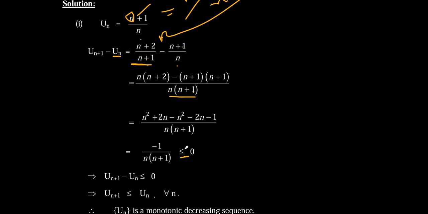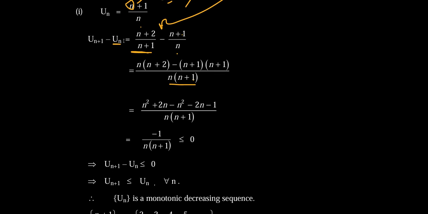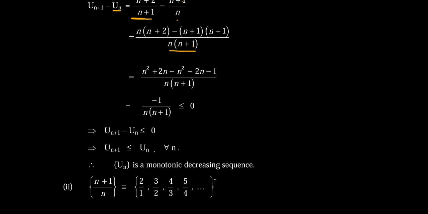This is just pure logic. And so this sequence is monotonically decreasing, because the next term is always less than the previous term. And here they just stated it. So it's as simple as that to state that the sequence is monotonically decreasing or increasing.